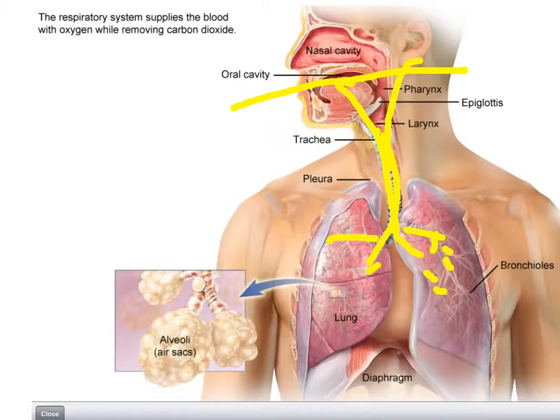And finally, the leaves on the tree would be these microscopic air sacs, each one called an alveolus. More than one alveolus is called alveoli. And the alveoli are covered with the tiniest of blood vessels, capillaries, and that's where the oxygen and carbon dioxide, the air, can interface with the bloodstream.